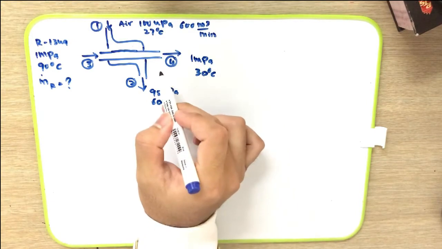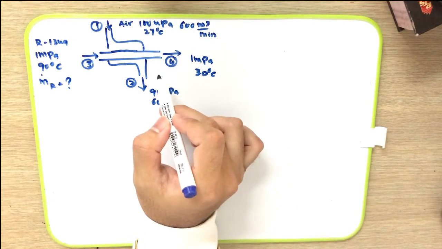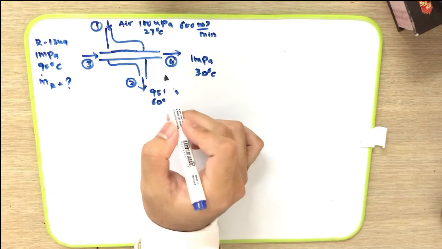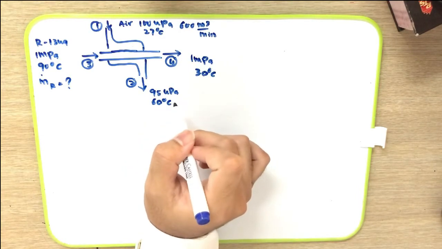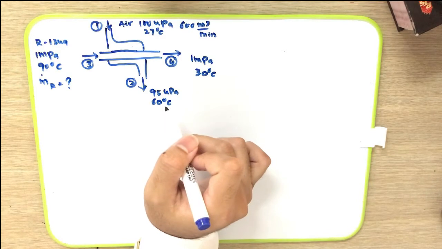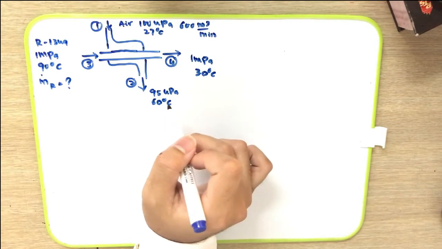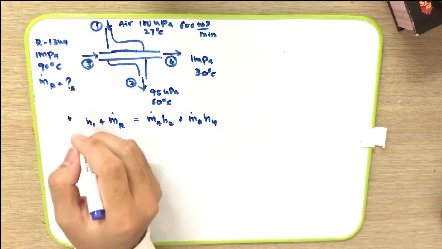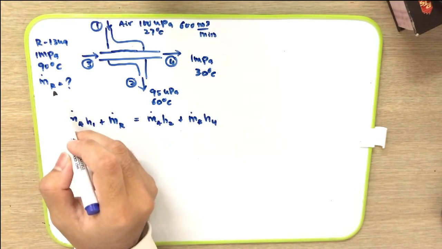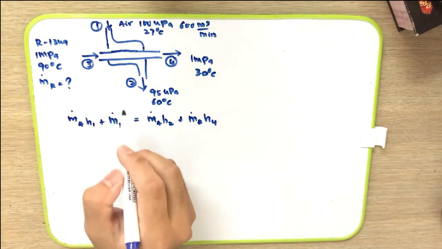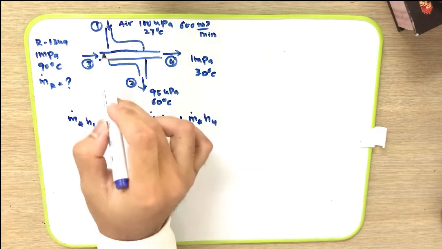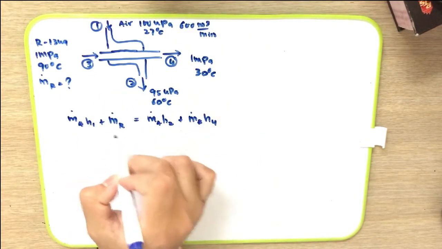So as usual, for condenser, we just have to consider the enthalpy. So we can rearrange the equation from the first law of thermodynamics for open system according to the inlet and also outlet. From the question, we need to find the mass flow rate for refrigerant. So we can rearrange the enthalpy for each stream into this equation.